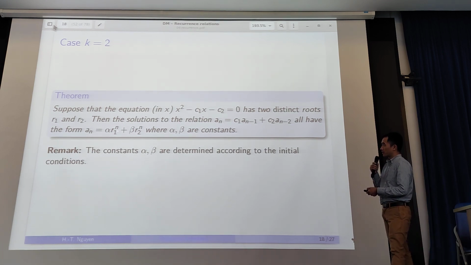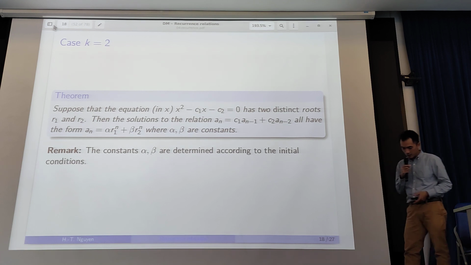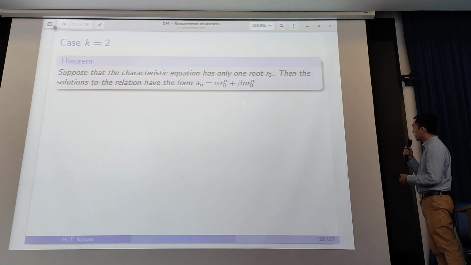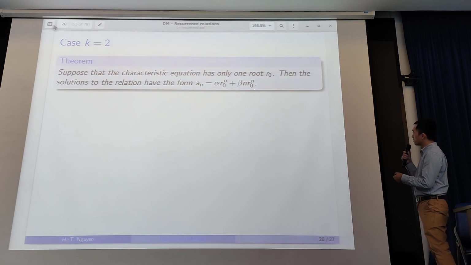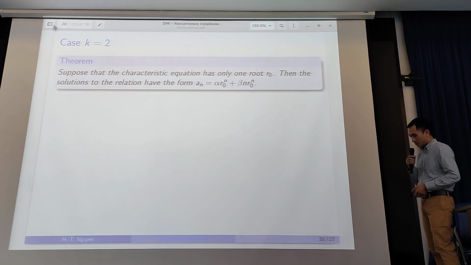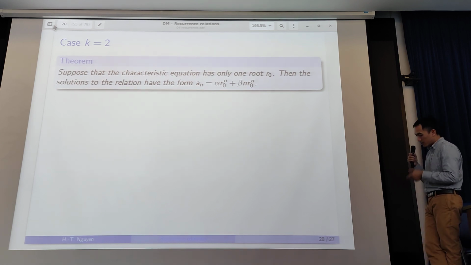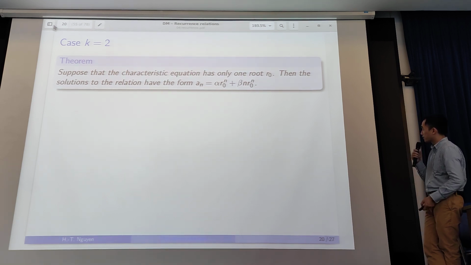You know that you have a linear combination of the two geometric series. And if you have a unique root, it's a little more complicated, but not too much. You can write down this whenever you are not sure. You can always consult your documents.